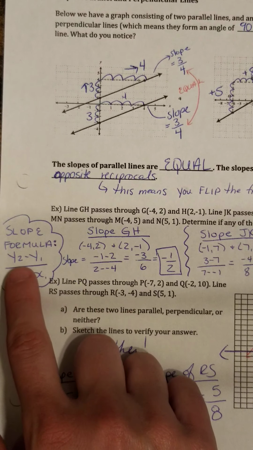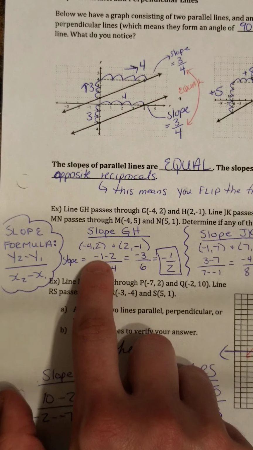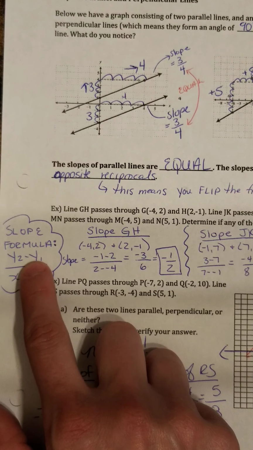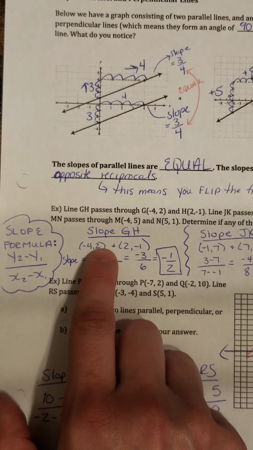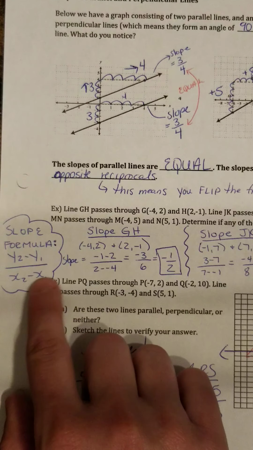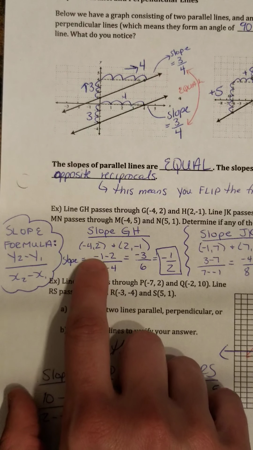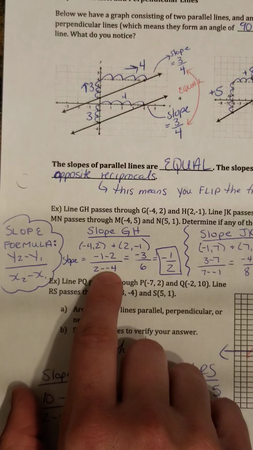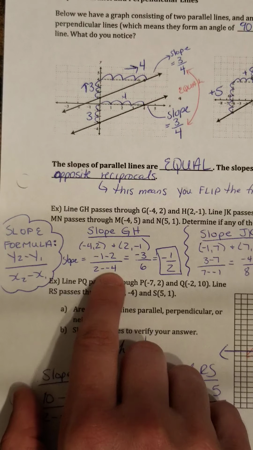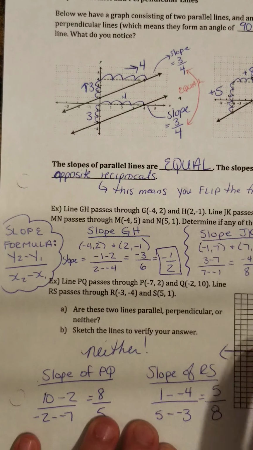So y2 is the y value from the second point, -1, minus y1. That's the y value from the first point, -2. Then I do the same thing with x. So x2 is 2 minus x1 is -4. Be careful, you have the minus from the formula and the -4. That becomes -3 over 6, which reduces to -1/2.